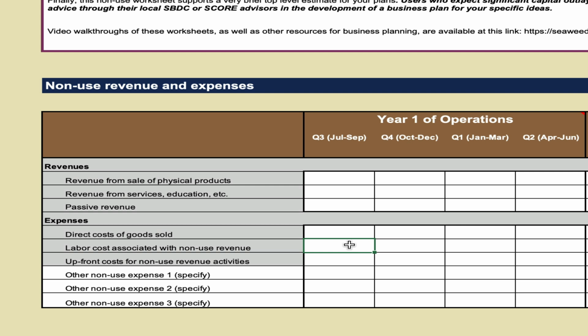The third type of revenue that you might be able to generate from this operation would be potentially passive revenue from farming subsidies, from potential sale of ecosystem services. Now, those don't have direct costs associated with them necessarily, but they might have significant upfront costs associated with them. Okay, so those are the 3 general categories that you can model here for non-use revenue.